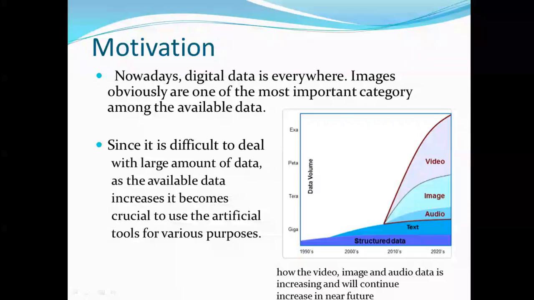As you see in the graph on the right hand side, the timeline is on the x-axis and the data usage is on the y-axis. You will realize how the video, image and audio data is increasing from the 1990s to the 2010s, and it will keep on increasing in the coming years.